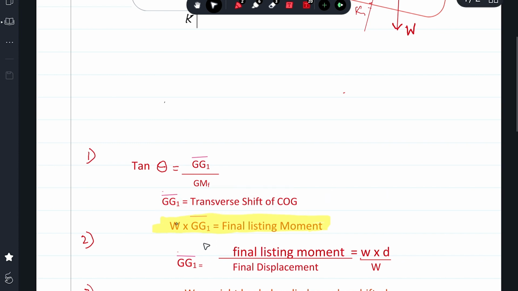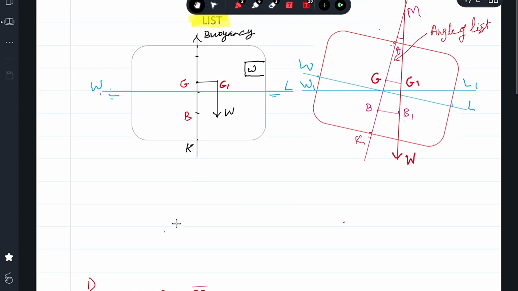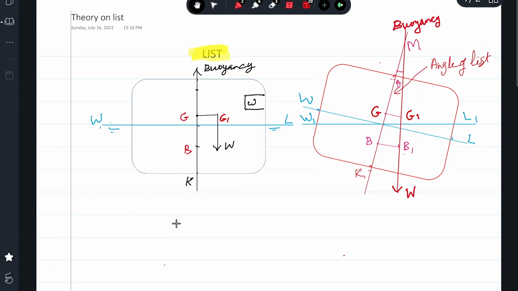Now, what is the listing moment here? There is a couple. A couple is two unlike parallel forces, and they are not in a line. They are separated by a lever GG1 here. So this is forming a couple, and because both forces are equal in magnitude, the moment is any force multiplied by the perpendicular distance between them, the lever arm.